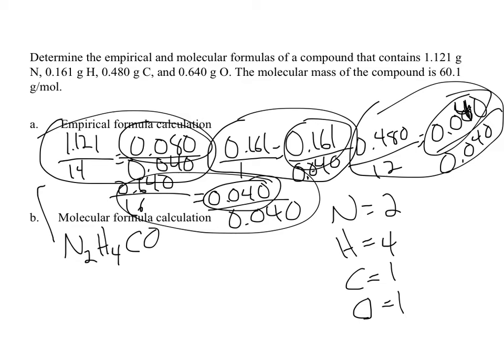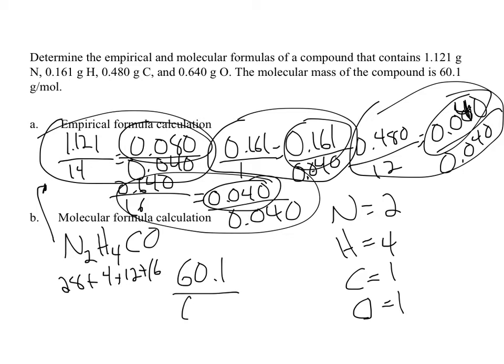So that's part A. The molecular formula we find by taking the molecular mass, which is the 60.1. We divide it by the mass of the empirical formula. So this would be N, 14 times 2 is 28, plus 4 for the hydrogen, plus 12 for the carbon, plus 16 for the oxygen.